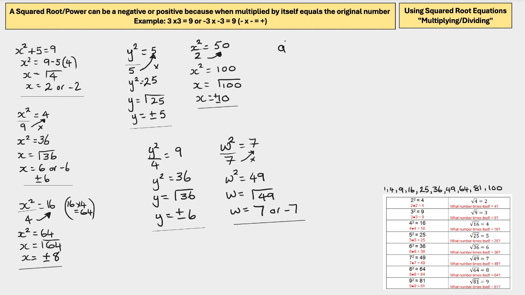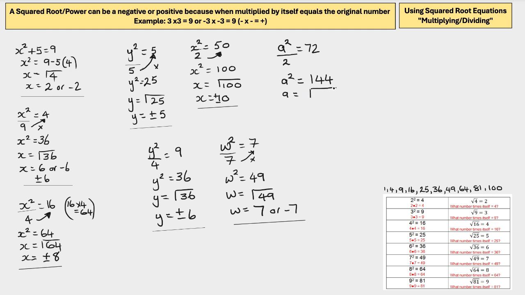A squared equals 72 all over 2. A squared equals 2 times 72, which is 144. We need to get rid of that square root.